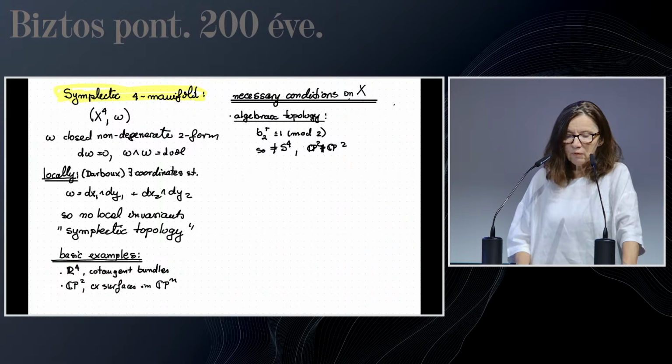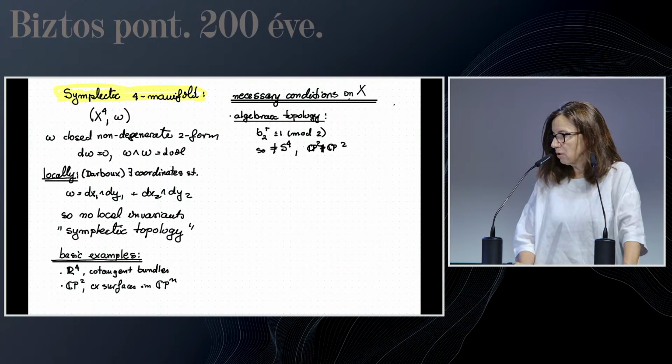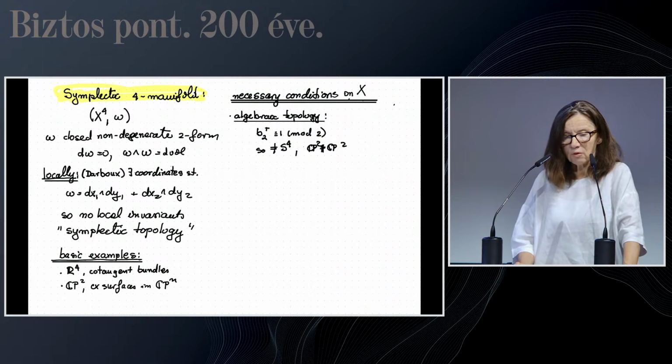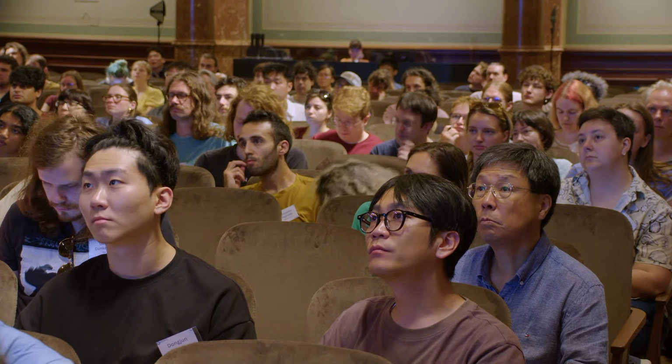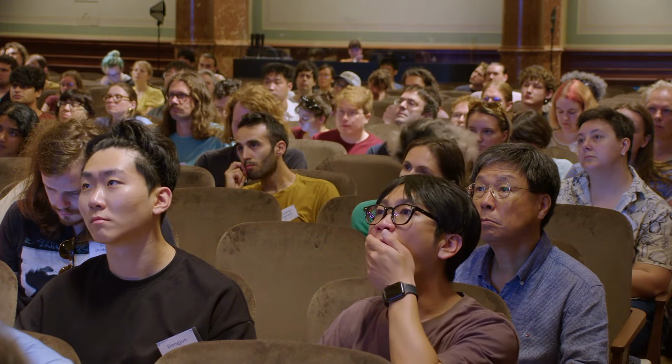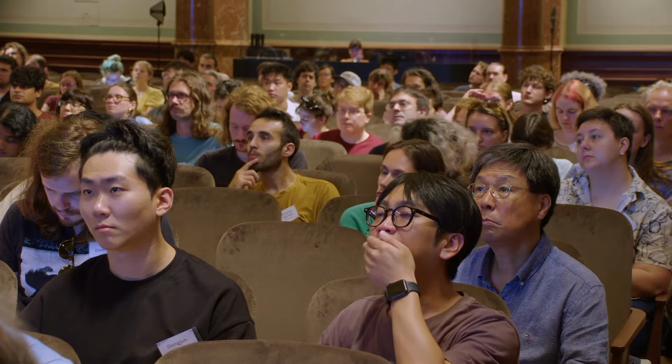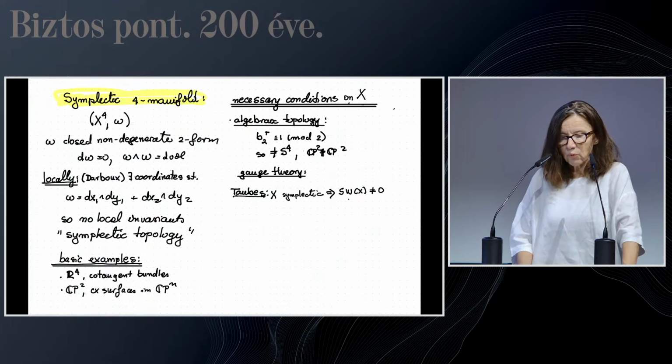So there are some necessary topological conditions on X to support the symplectic structure. The simplest one from algebraic topology is that b_2^+ has to be 1 mod 2, so S^4 and CP^2 connect sum with CP^2 have no symplectic structures. Then from gauge theory, from Donaldson, Seiberg-Witten, and so on, there are results on symplectic manifolds.